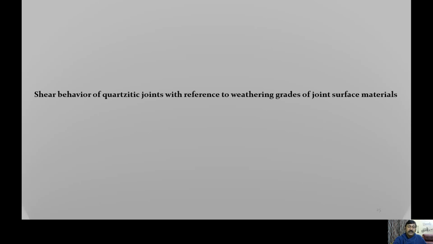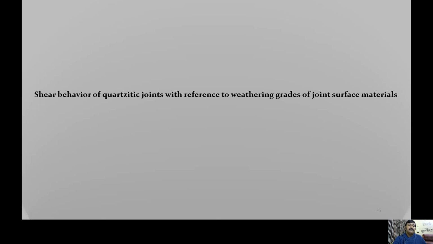The other option is to collect jointed rock blocks and check their JRCs in the laboratory and ascertain the JRC equivalence. So the next option was preferred, and we collected jointed rock blocks where the joints were free from any infilling material. They were unfilled joints.